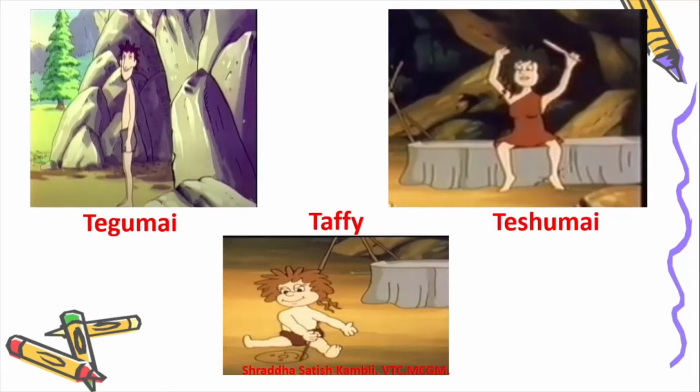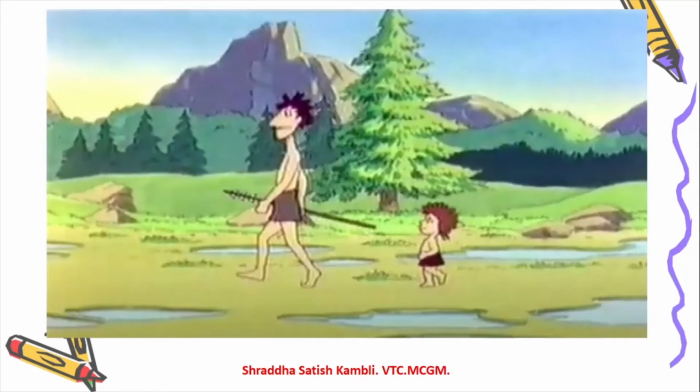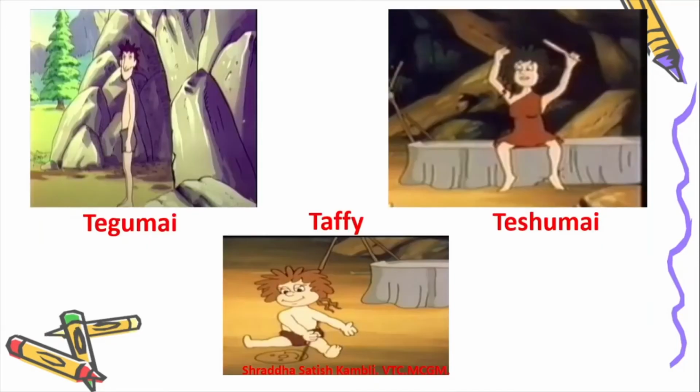And then one such day, Tegumai along with Taffy went fishing. But on the way, there were a lot of beaver swamps, and these beaver swamps are dangerous places, especially for children. So Taffy and Tegumai went fishing, and then you will see how Taffy, Tegumai, and Teshumai had a big misunderstanding.